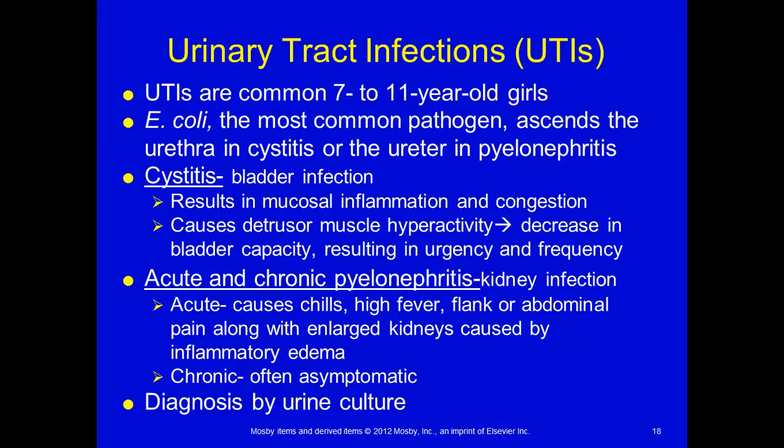Interestingly though, someone with chronic pyelonephritis, who always lives with a kidney infection, can often be asymptomatic. A population of patients that might be more at risk for chronic pyelonephritis would be a spinal cord injury patient who does not have bowel and bladder control and either constantly has an indwelling catheter in or does intermittent straight caths a lot.